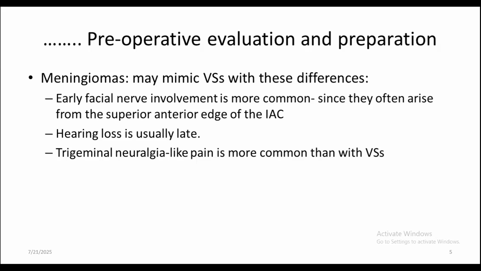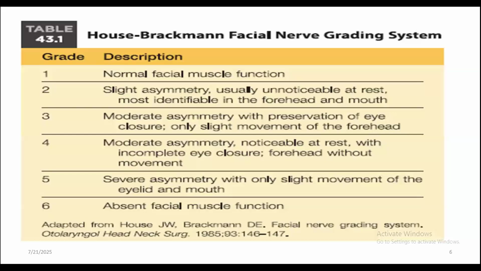The vestibulocochlear is inferior posterior. And then the patient may also have the trigeminal neuralgia-like pain, which is more common than when it is vestibular schwannoma. Other lesions, vascular lesions, may also present, such as hemifacial spasm when there is compression of the facial nerve by aneurysm or tortuous blood vessels.